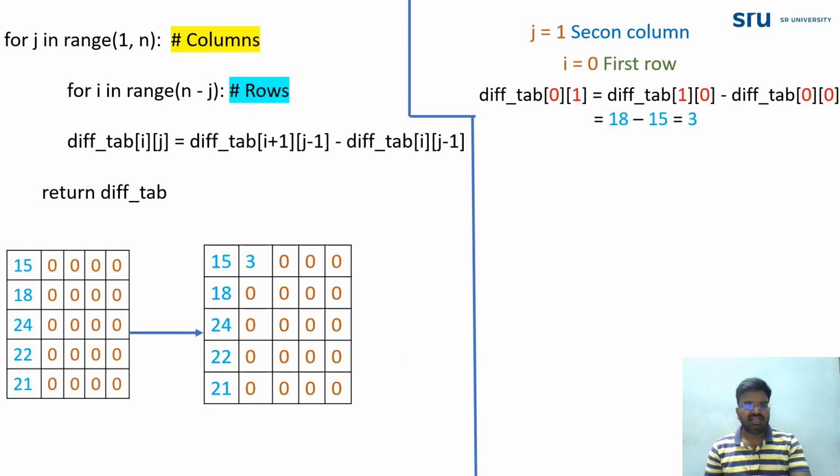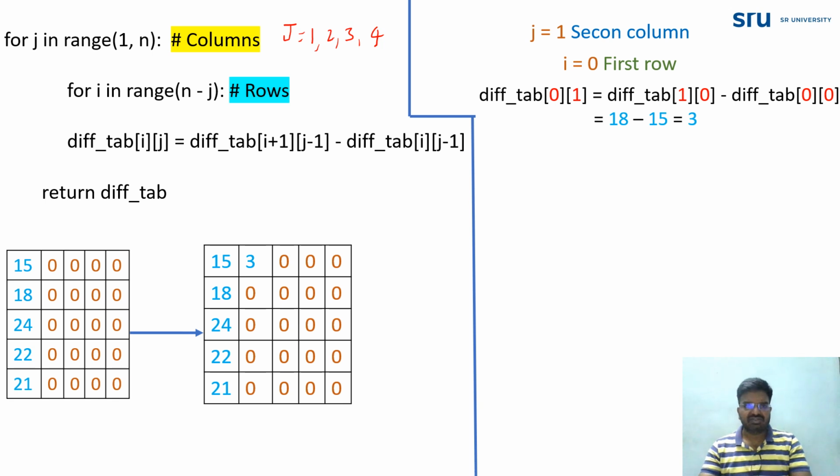Now I fill the difference table with differences. For this, I use a for loop on columns. You can see here I have written one for loop on columns: for j in range 1 comma n. Here n means the length of y, the number of y values, which is 5.